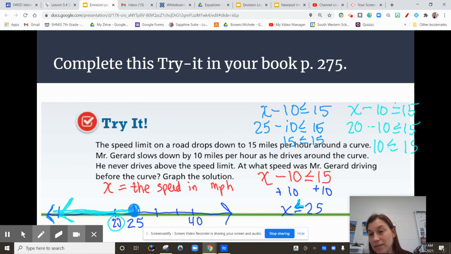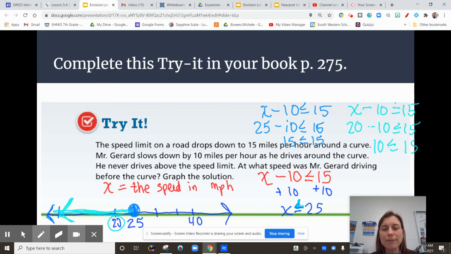I should also think about this logically, just in case I wrote the inequality the wrong way. If Mr. G was traveling 40 miles an hour to start, and he slowed down 10 miles an hour, that would put him at 30 miles per hour when he hit that curve. Would that be over the speed limit? Yeah, so 40 is not a solution.